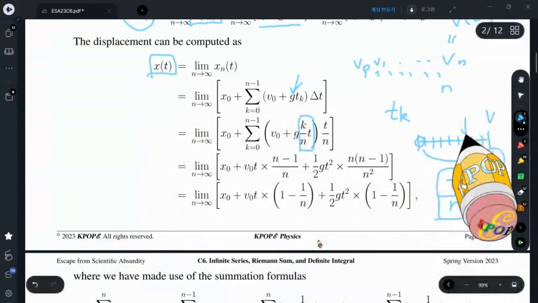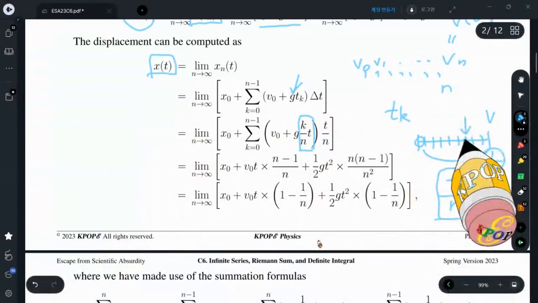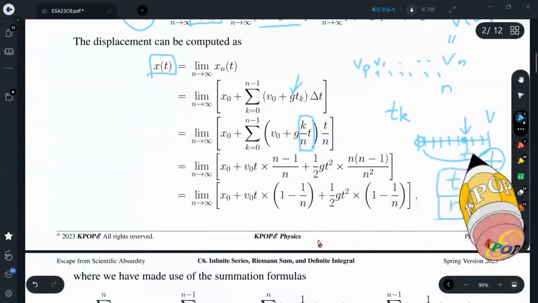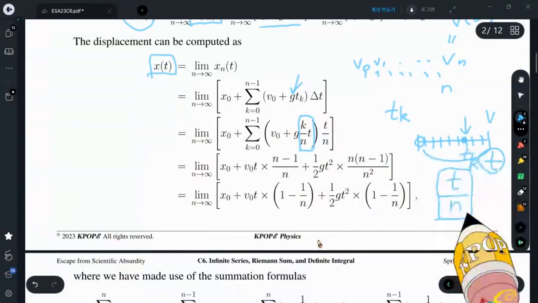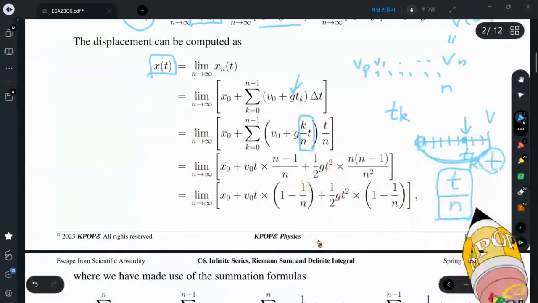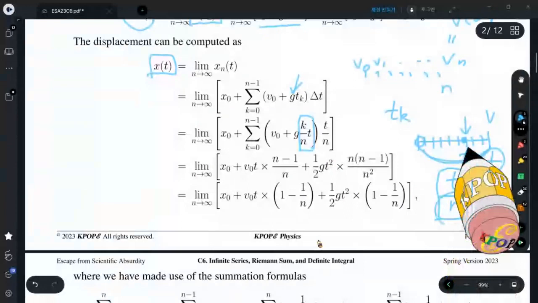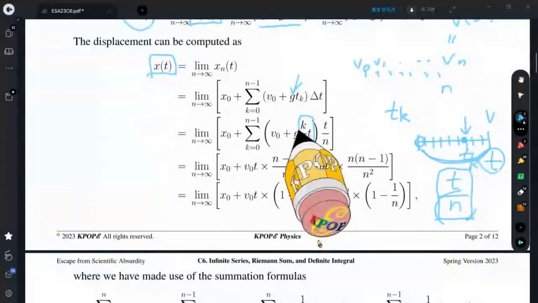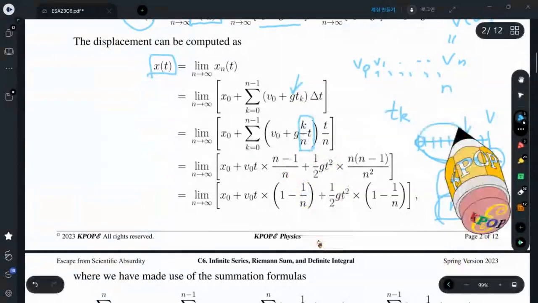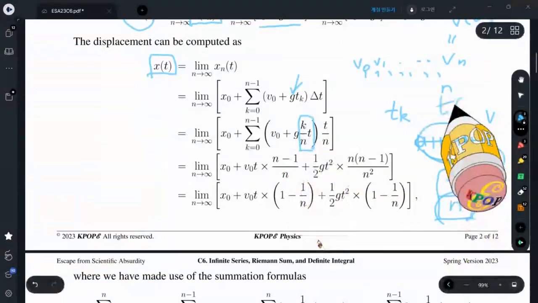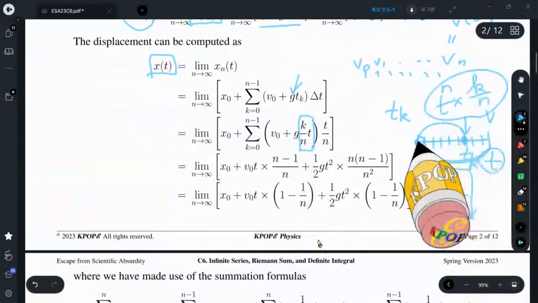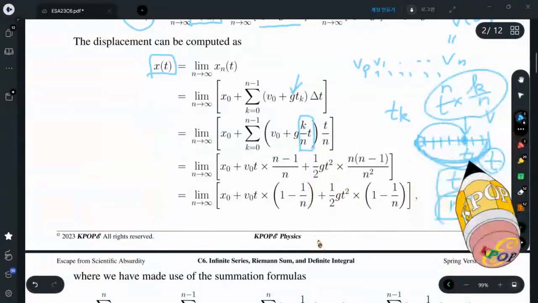And where is the kth time, tk? It is obtained by slicing into n pieces and multiplying by k. So k over n is the fraction, t times k over n, the fraction multiplied by the whole interval. Okay.